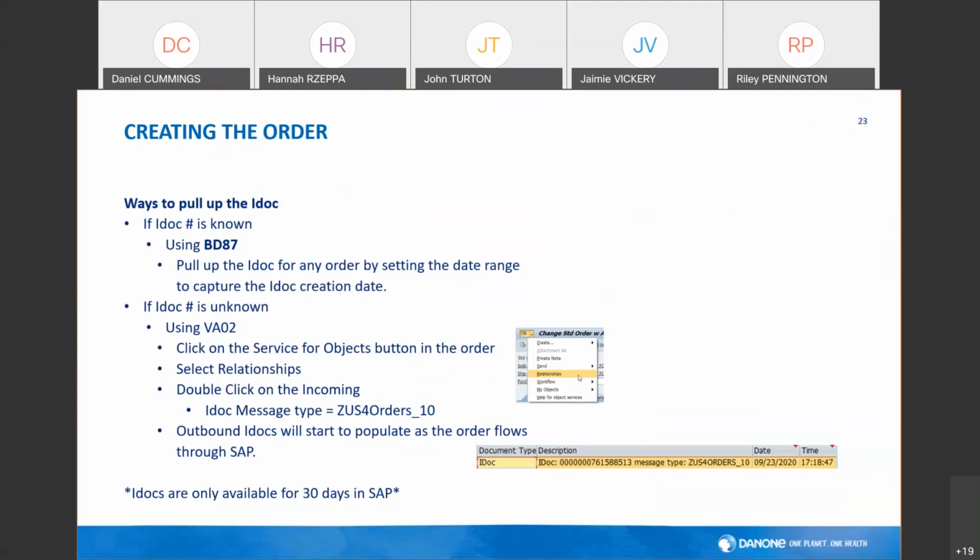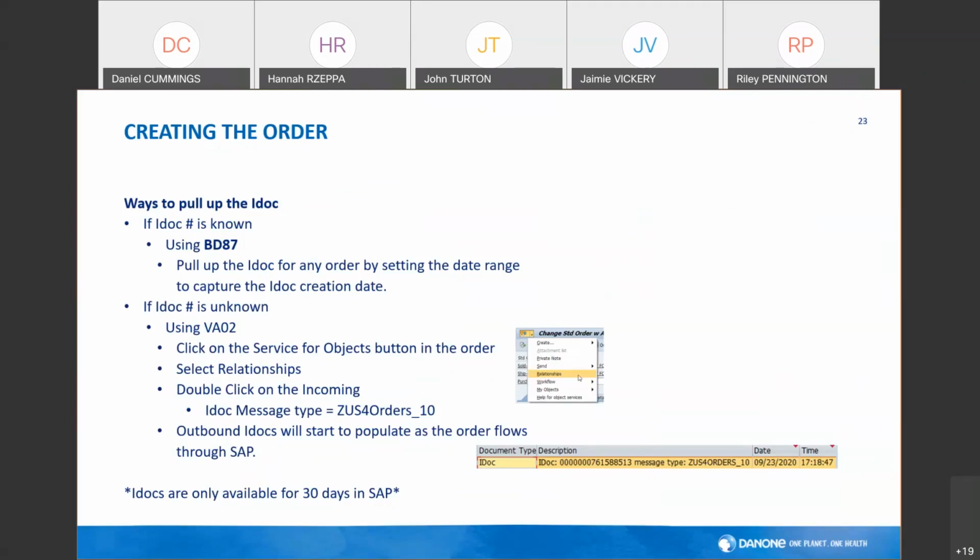You want to make sure that you set your date range to when the IDOC was created and not necessarily when the PO was created, because if you don't open that up a little bit, you could potentially not find it.